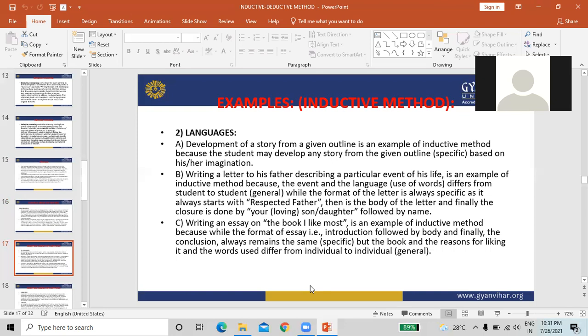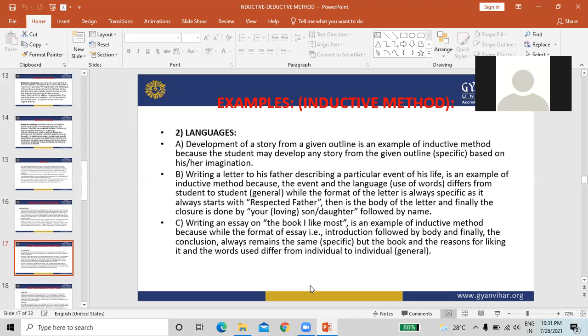Writing a letter to his father describing a particular event of his life is an example of the inductive method, because the event and the language differ from student to student, while the format of the letter is always specific, as it always starts with the respected father, then comes the body of the letter, and finally the closure is done by your loving son or daughter, followed by the name.